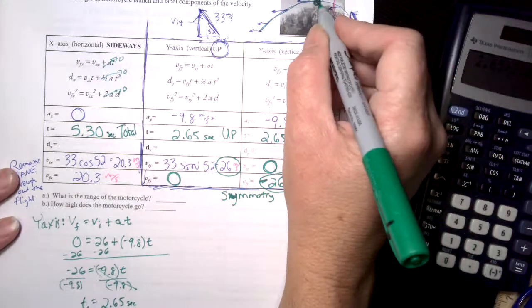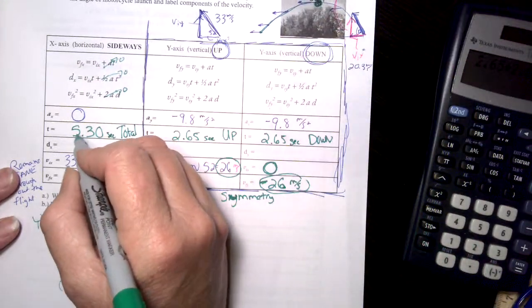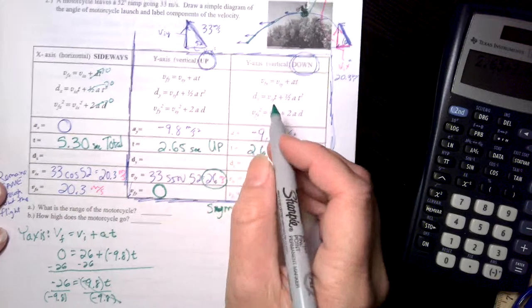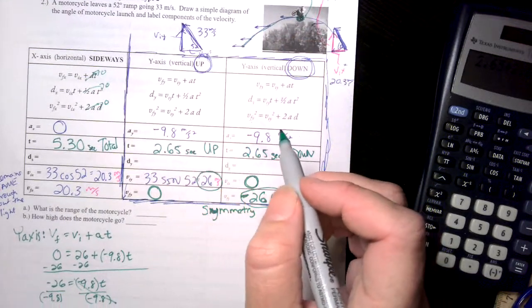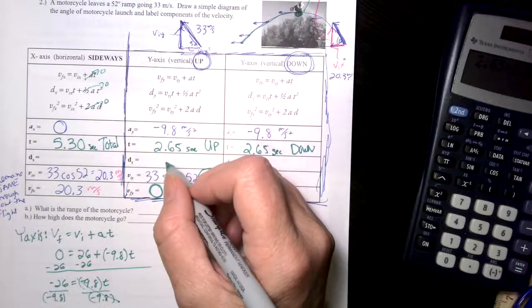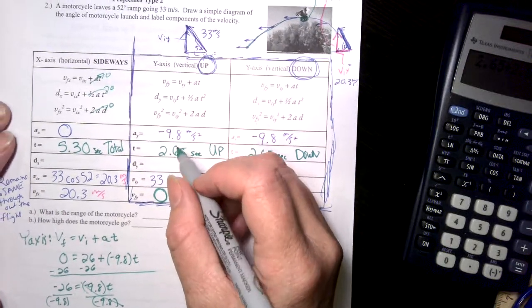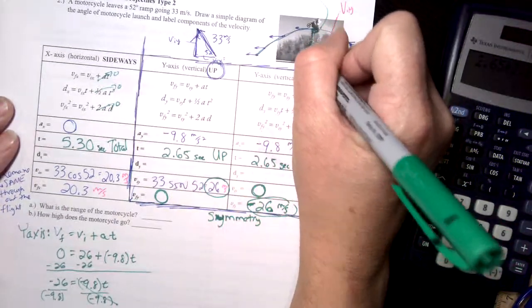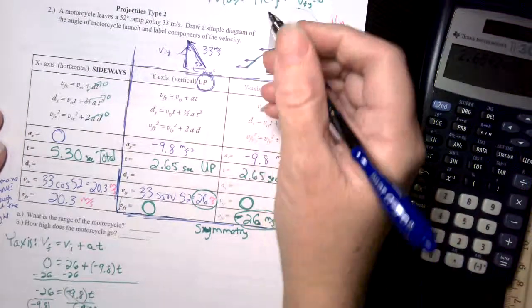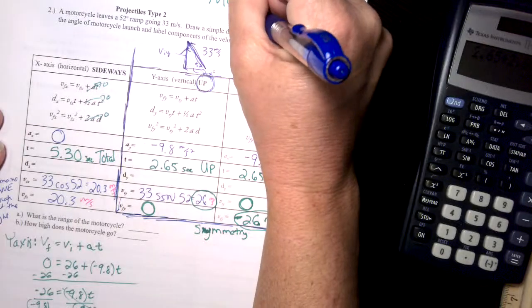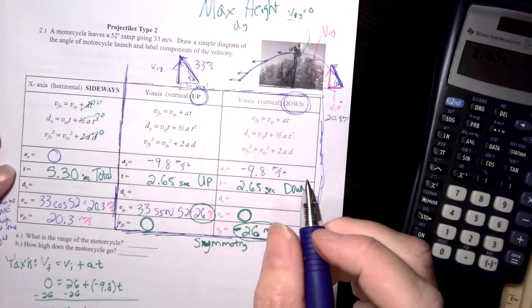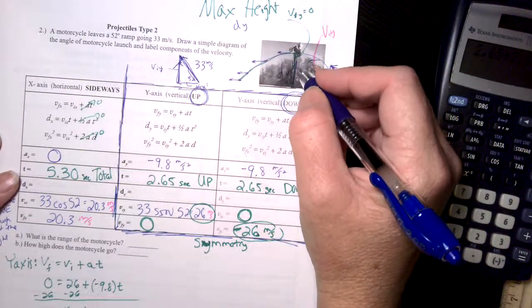That's how much time he was in the air. So I went up at 2, down at 2. I'm almost done. Once you have the y going up, this height, your dy, the max height, you're almost done.